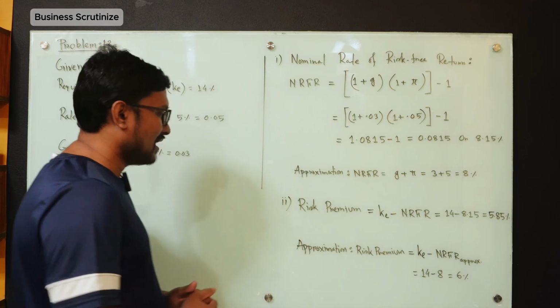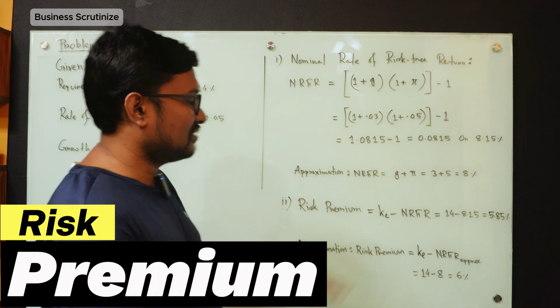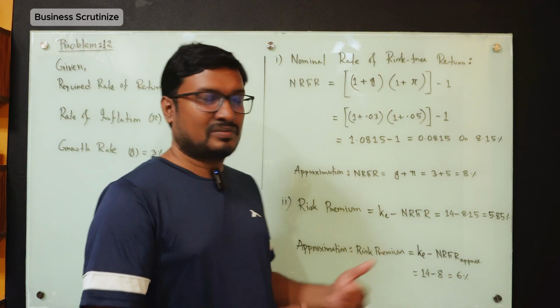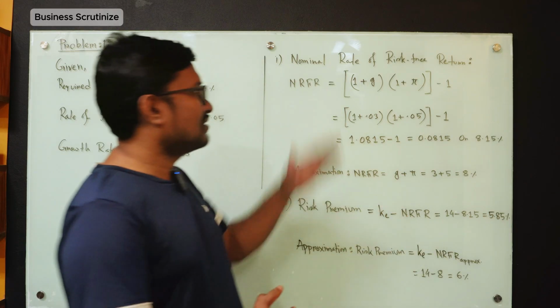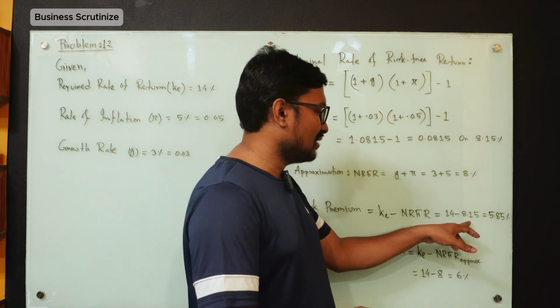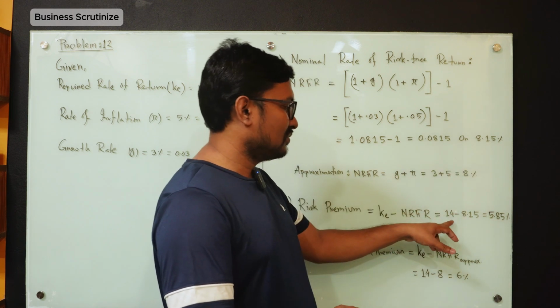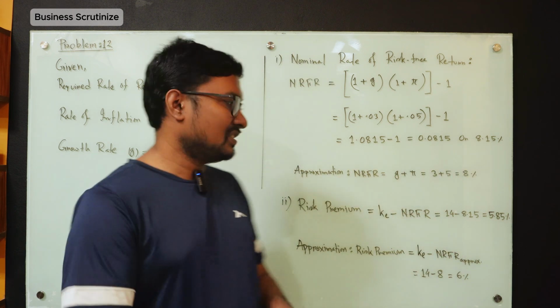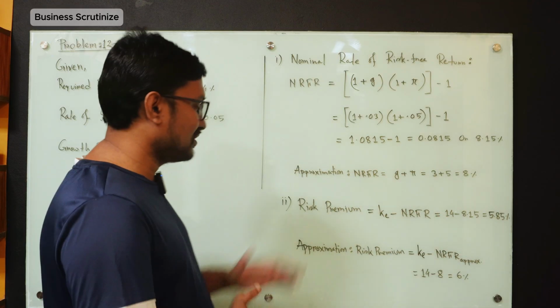Secondly, we have to find the risk premium using this formula, where the risk premium equals KE, the required rate of return, minus the NRFR, the nominal rate of risk-free return. So 14% minus 8.15% gives 5.85% as the risk premium.